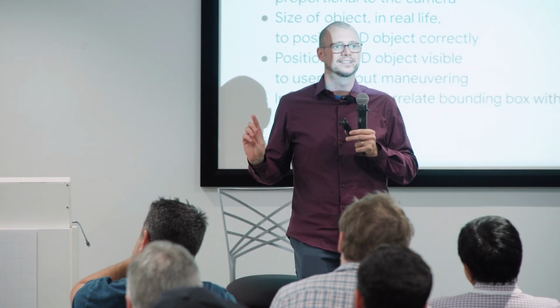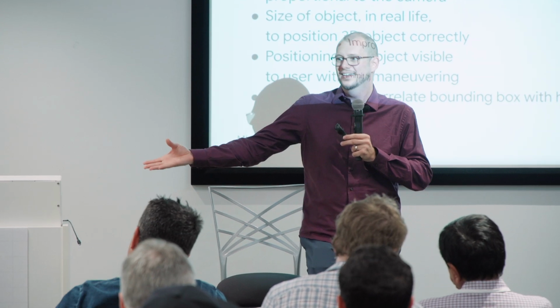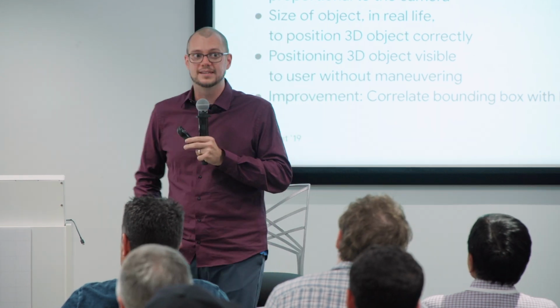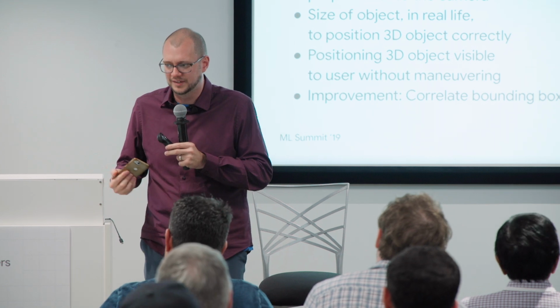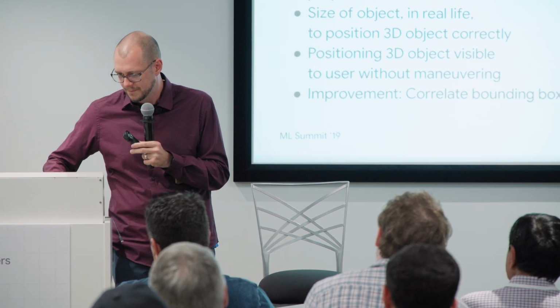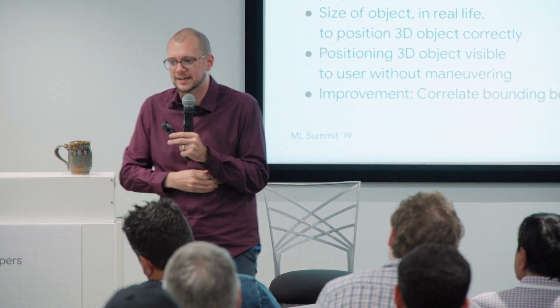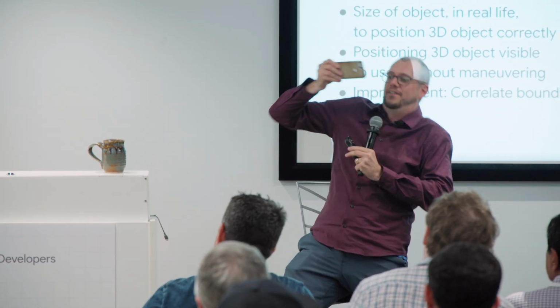But you've got to be cognizant of the size of your 3D model versus the size of the environment that the user is going to be interacting with, or else they might end up with a really uncomfortable user experience where, let's say, they're trying to glom onto this coffee cup here, and then all of a sudden the model renders so big they have to rack back so far they're about falling over.